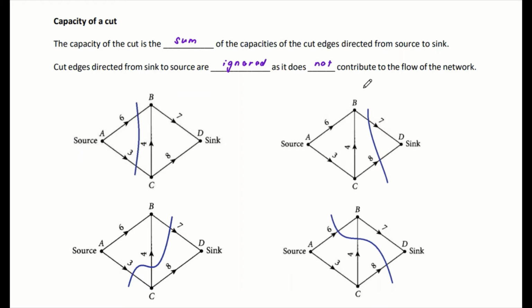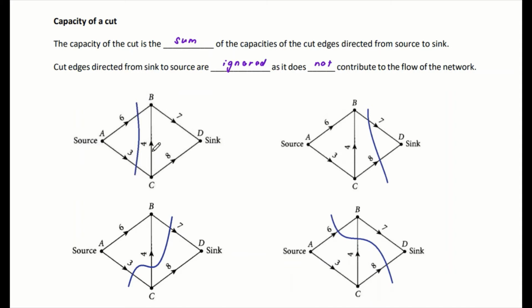Later when I explain it, you'll understand it better. So we will learn how to calculate the capacity of the cut. For example, this is our cut for this flow network. You look at which edges this cut goes through. It's very obvious: this cut passes through the edges AB and AC.